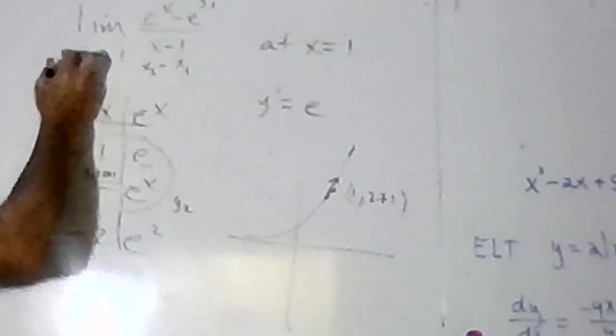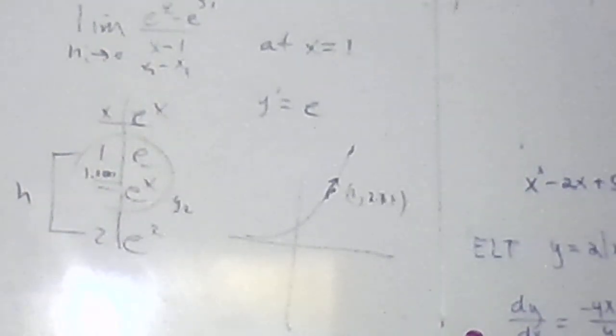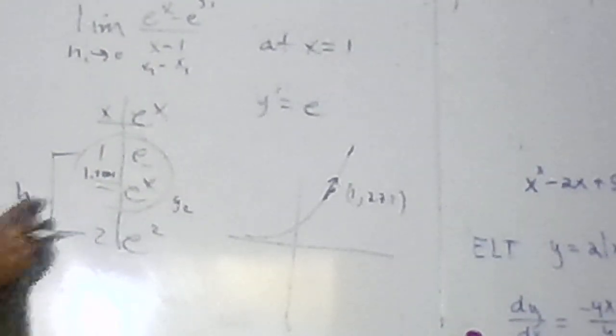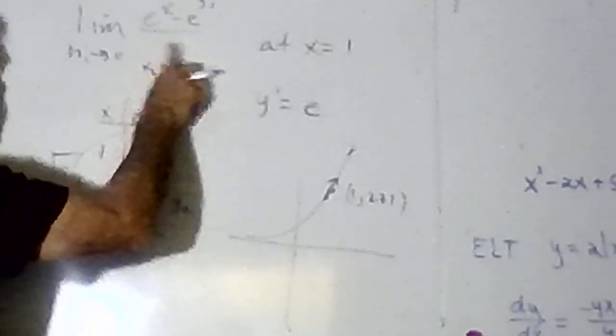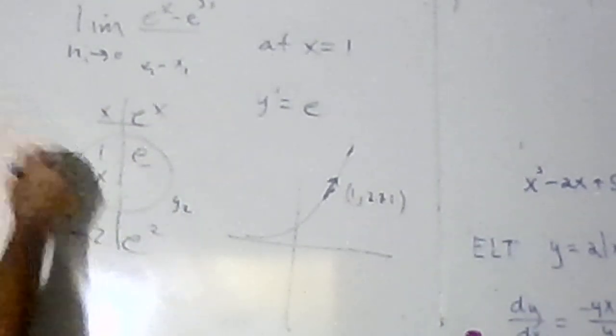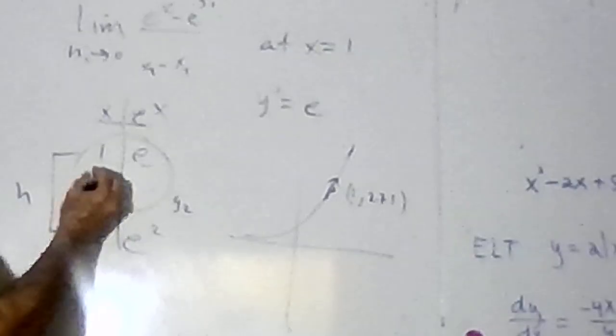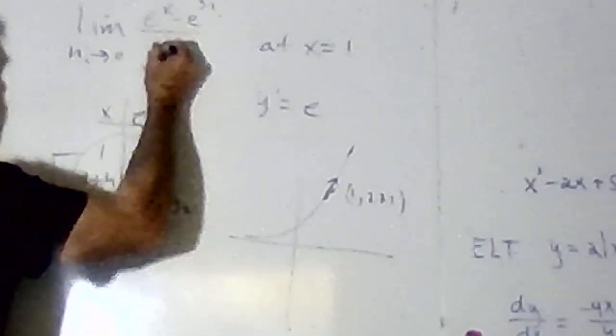So I could have put an h here, and I could have said as it goes to 0, what do we have? This x is very close, so we have x plus h. We have 1 plus h minus 1. Here, I finally said that right. And so what is your x2 minus your x1? Just h.